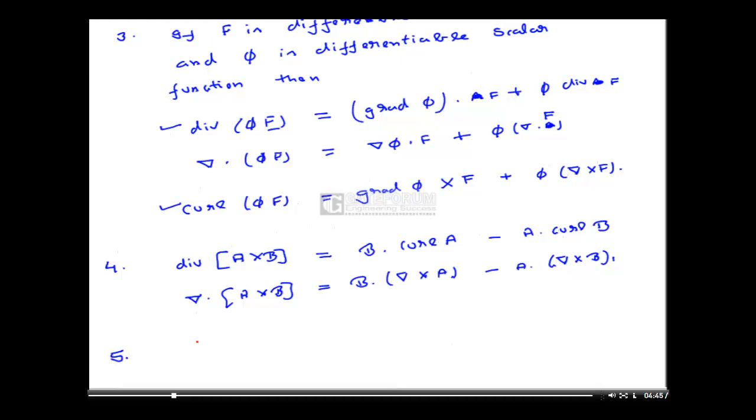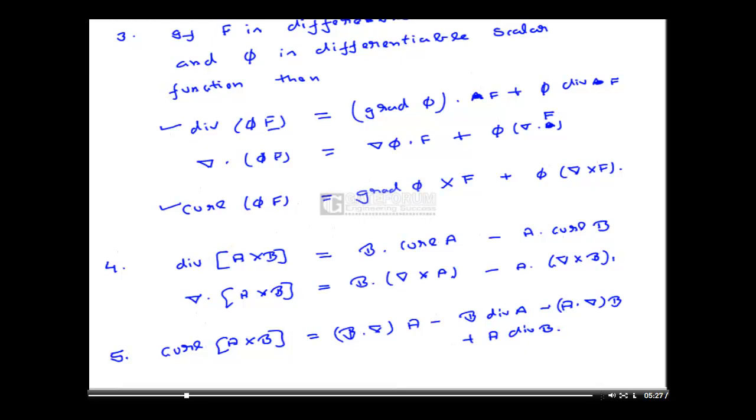Fifth one: curl of the cross product of two vectors A and B is equal to, this is a little bigger, the expression involving divergence of A and divergence of B. We have to remember these vector identities.